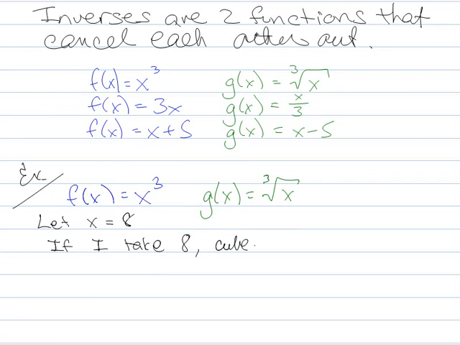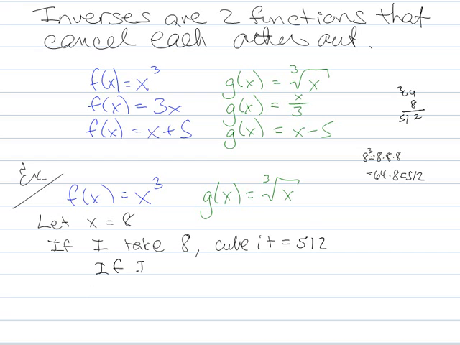If I take 8 and cube it, I get 8 times 8 times 8, which is 64 times 8, which is 512. So if I cube it, I get 512.